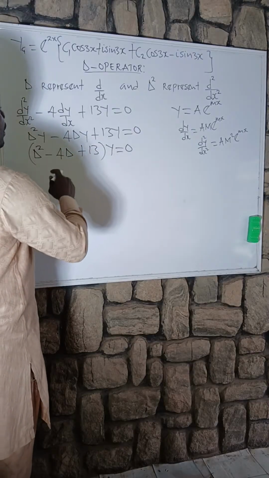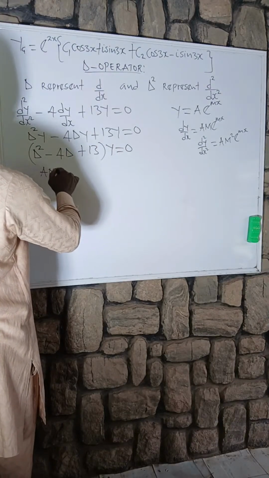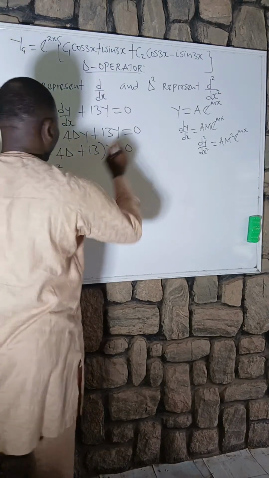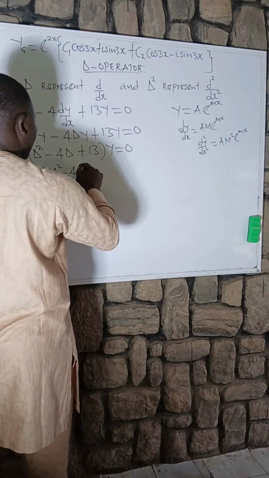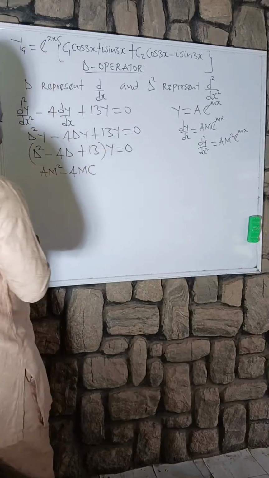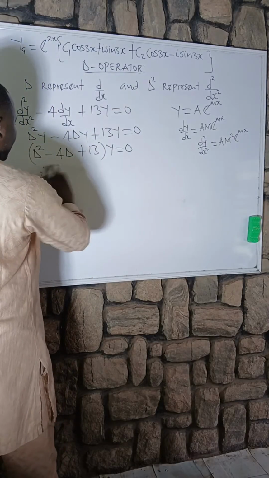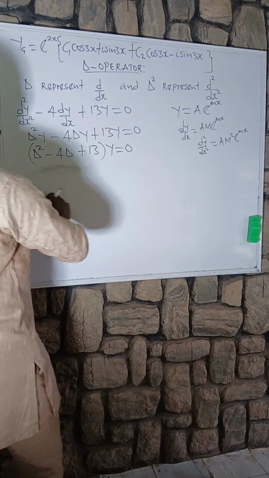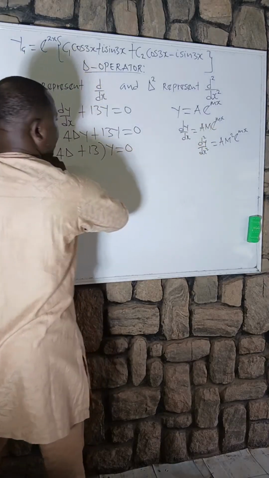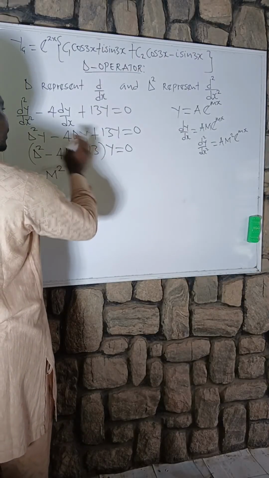It means here we are going to have m squared minus 4m plus 13, because y is outside.